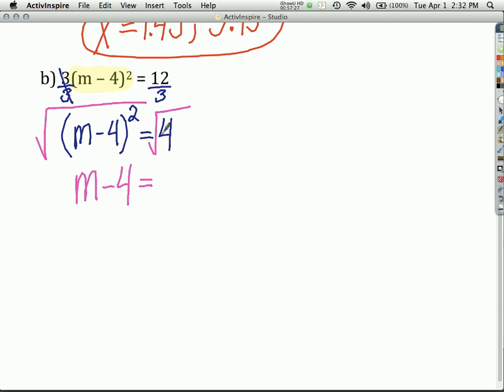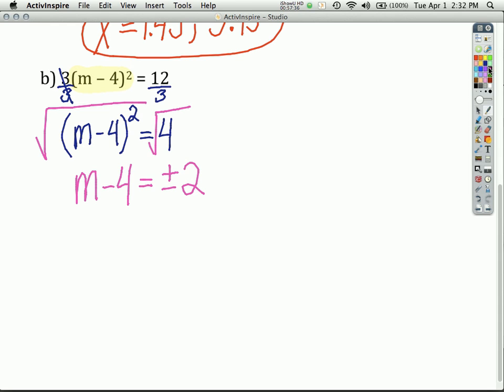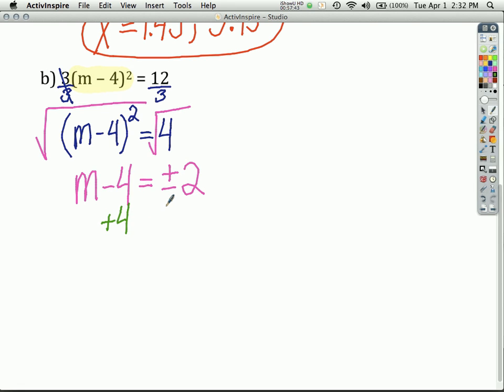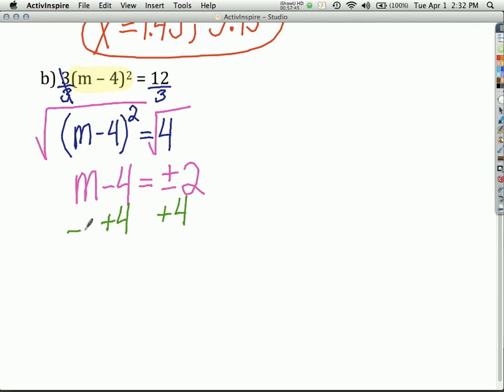And the square root of 4 is plus or minus 2. It's a perfect square. So that's nothing different than what we already did. But now we just have this final step here. Add 4 to both sides to get rid of that.